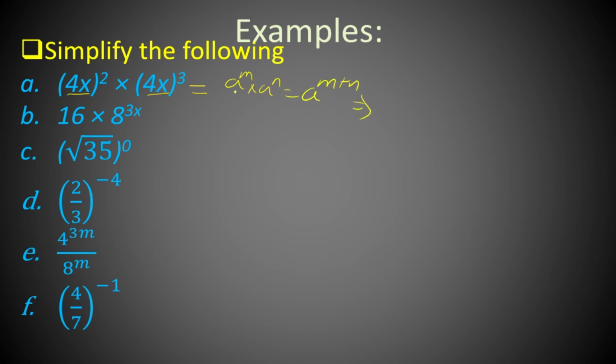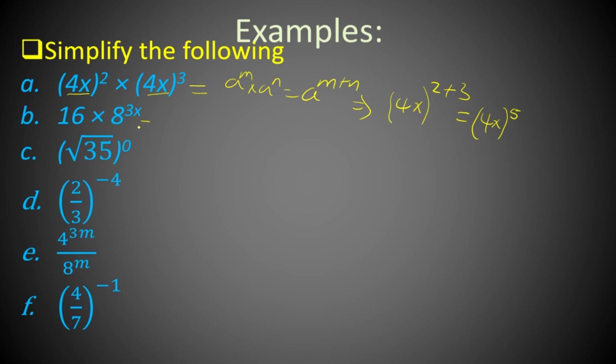So from this we can say (4x) to the power of 2 plus 3, because we have the same base. This means (4x) to the power of 5, because 2 plus 3 is 5. So this can be simplified just like this.